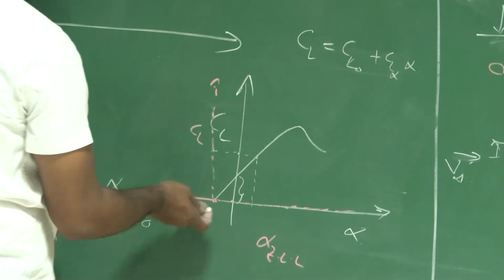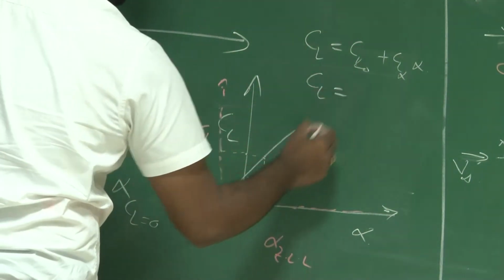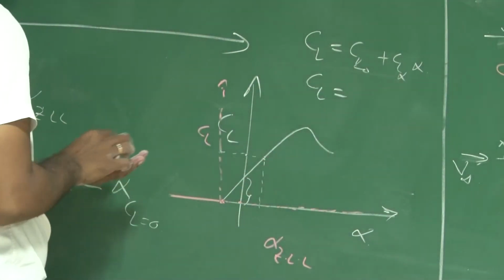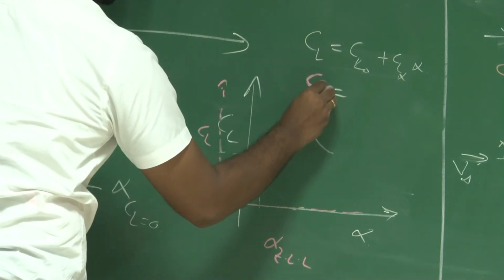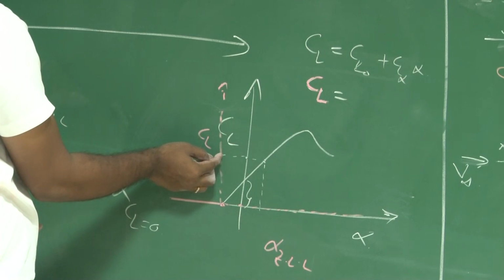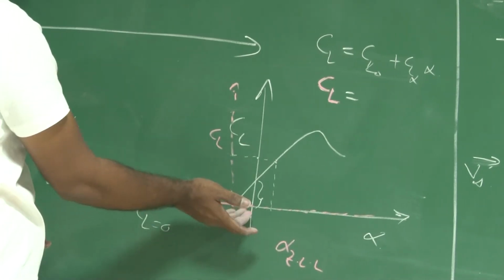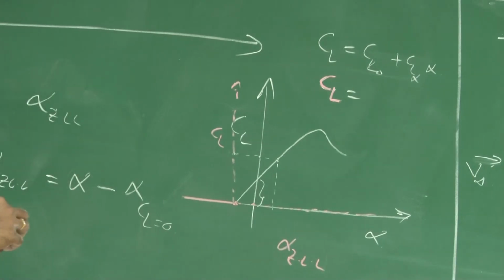And you can also express the CL with the help of the zero lift line. We are trying to find the same CL when we define the angle of attack with respect to the zero lift line.